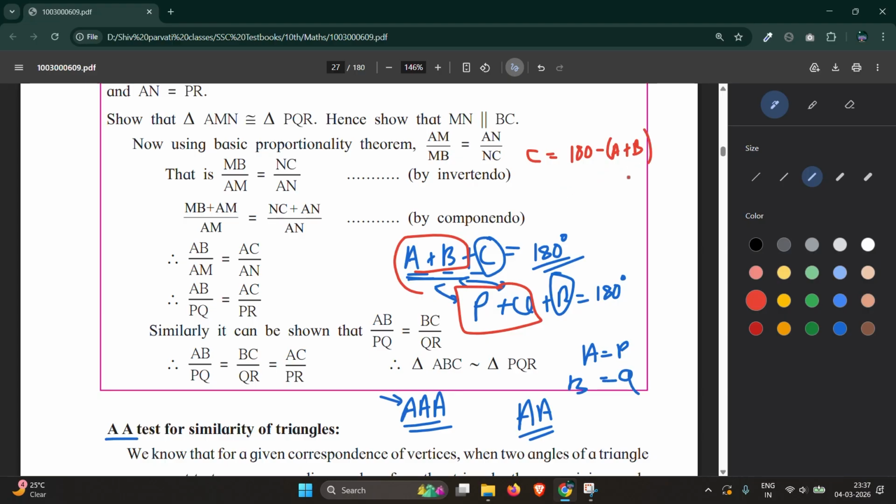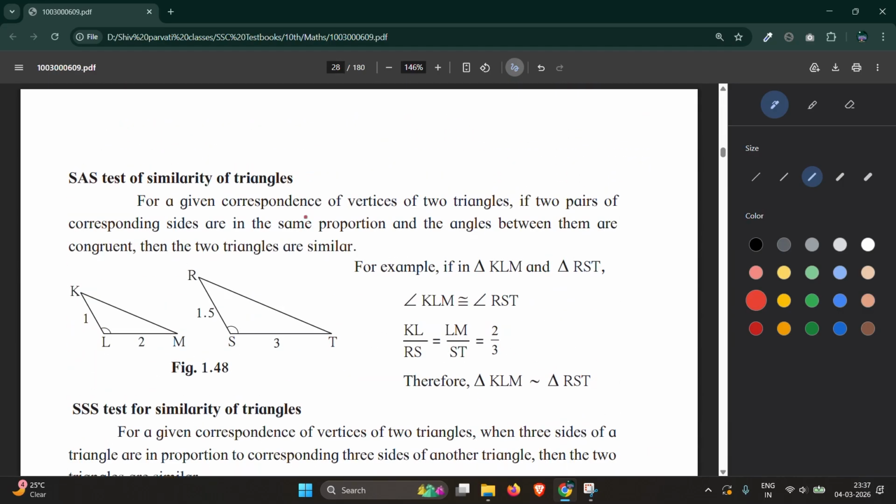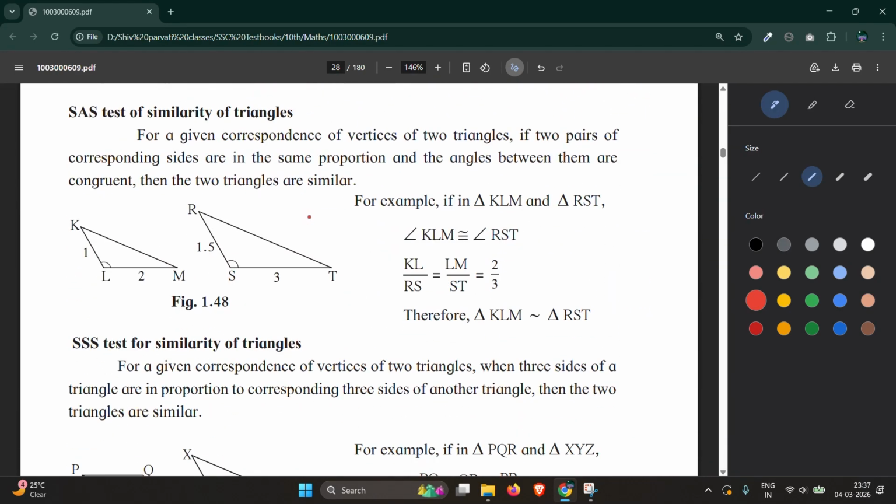And R is also going to be 180 minus (P plus Q). But since we know that P is equal to A and Q is equal to B, we can also write this as A plus B. So as you can see, if two of the angles are the same, the third angle of a triangle has to be the same. So you can just say that if two angles are the same, then also the triangles are similar.